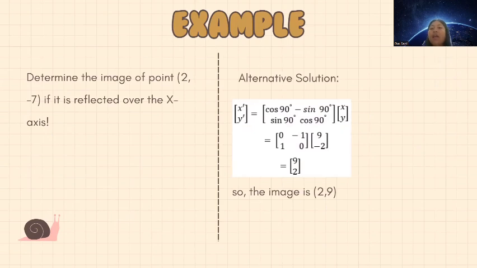Alternative solution: (x', y') equals [cos 90, -sin 90; sin 90, cos 90] times (x, y), which is [0 -1; 1 0] times (9, -2), and equals (2, 9). So the image is (2, 9).